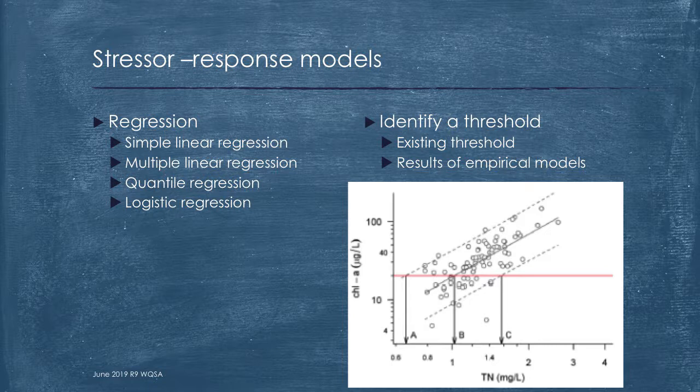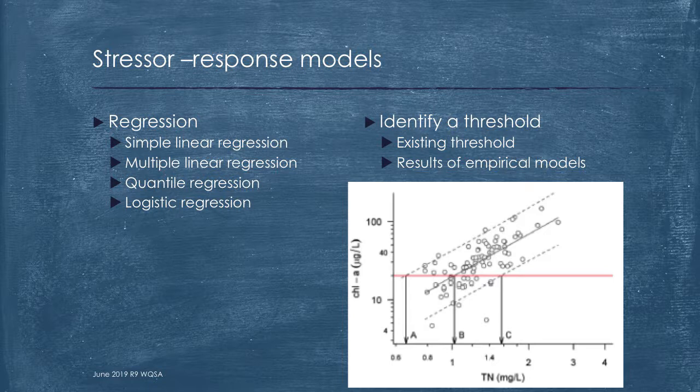Sometimes you have to break it up. And there's different types of regressions, right? Simple linear, multilinear, quantile regression. That's where you're doing regression on some percentile, right? Logistic regression. But the key is when you do something like this and you have a decent relationship, you got to pick a threshold, right?